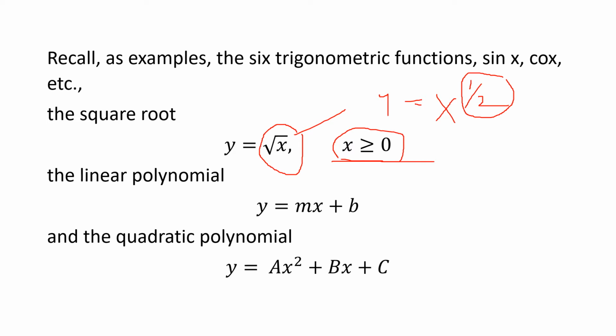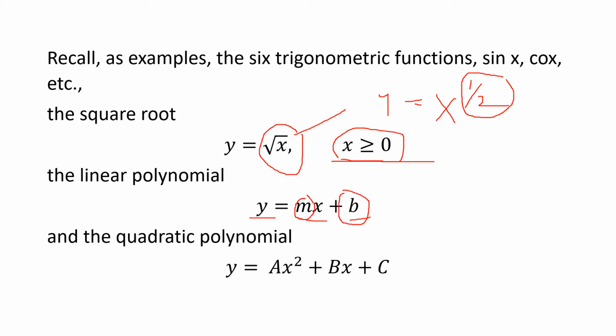Then, the next thing is the linear polynomial. y is equal to mx plus b. If you try to recall the concept of a line, the slope-intercept form in your geometry or analytic geometry, y is equal to mx plus b represents the slope-intercept form, wherein m is your slope and b is your y-intercept.